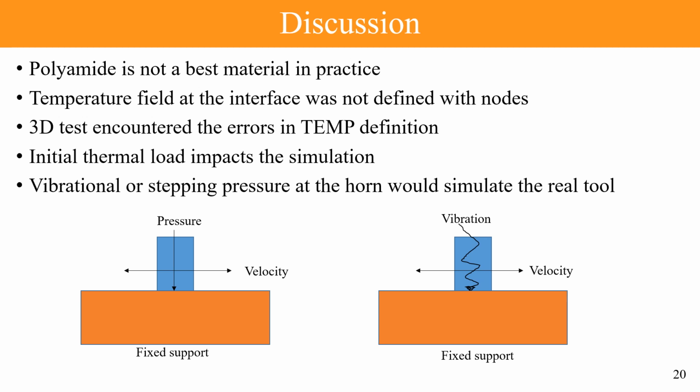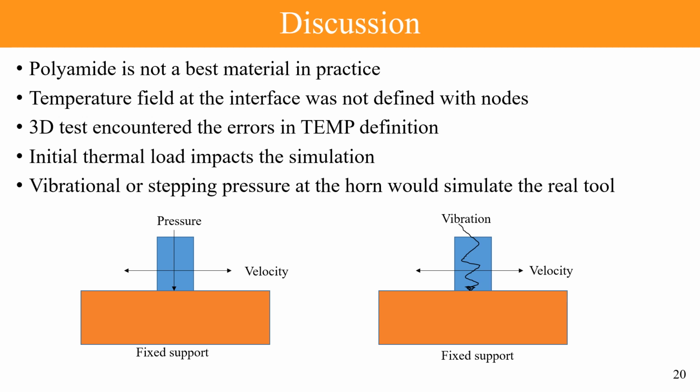One of the things I would like to mention is that in my simulation, I simply put the pressure, or the force from pressure, on this tip, and then moved the tip around over the substrate, and the substrate was held as a fixed support at the bottom. In reality, if we put a vibrational load on this tip, then it is going to hammer the substrate material, and that hammering would help to deform or soften the substrate material right here.